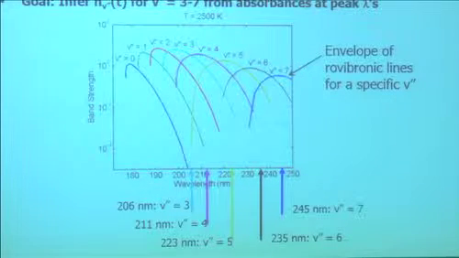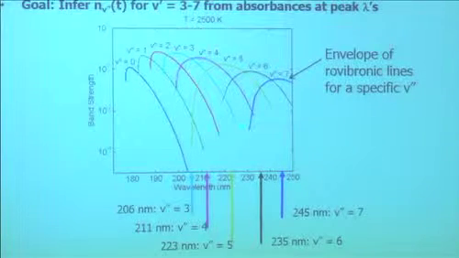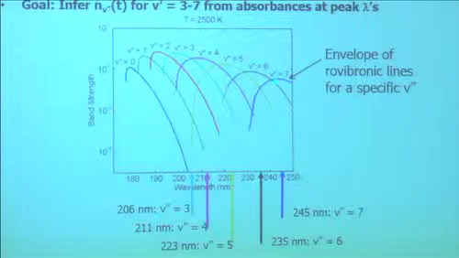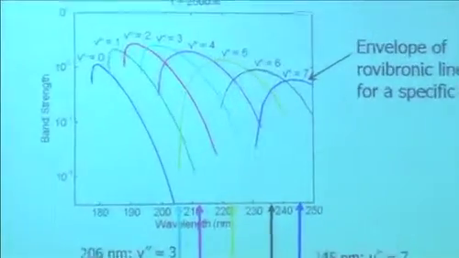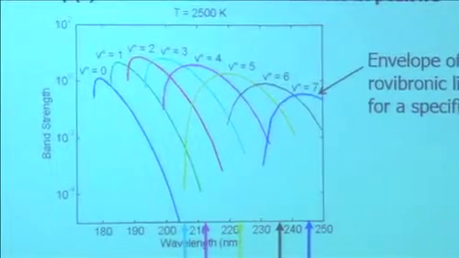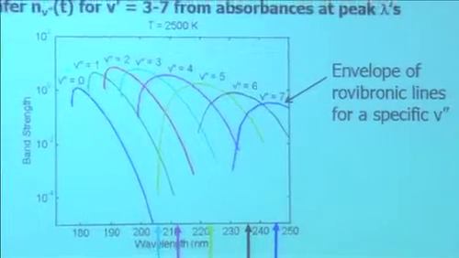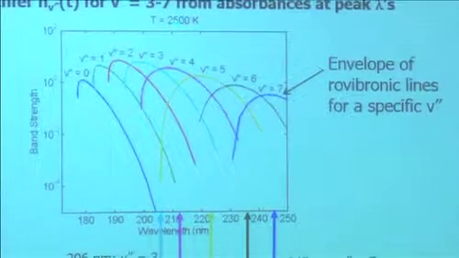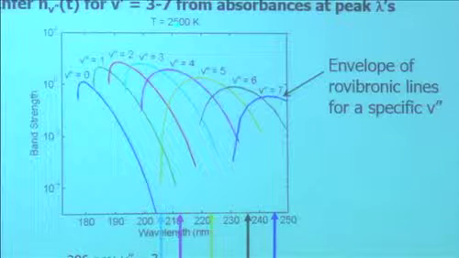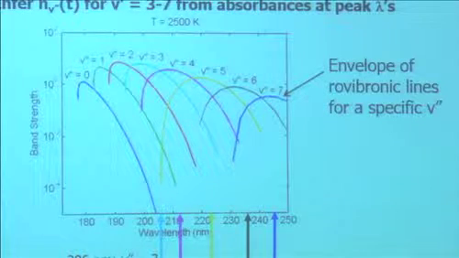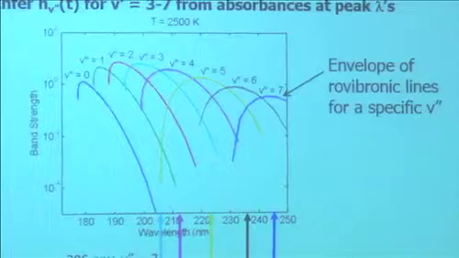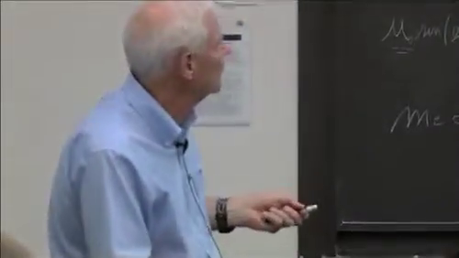So this is a simple way to plot the forest of lines that are associated with absorption transitions from v'' of 7 to the allowed upper state. And this tells you how it changes with v at a temperature of 2500. So at 2500, that's approximately the characteristic temperature for vibration of oxygen, about 2500.